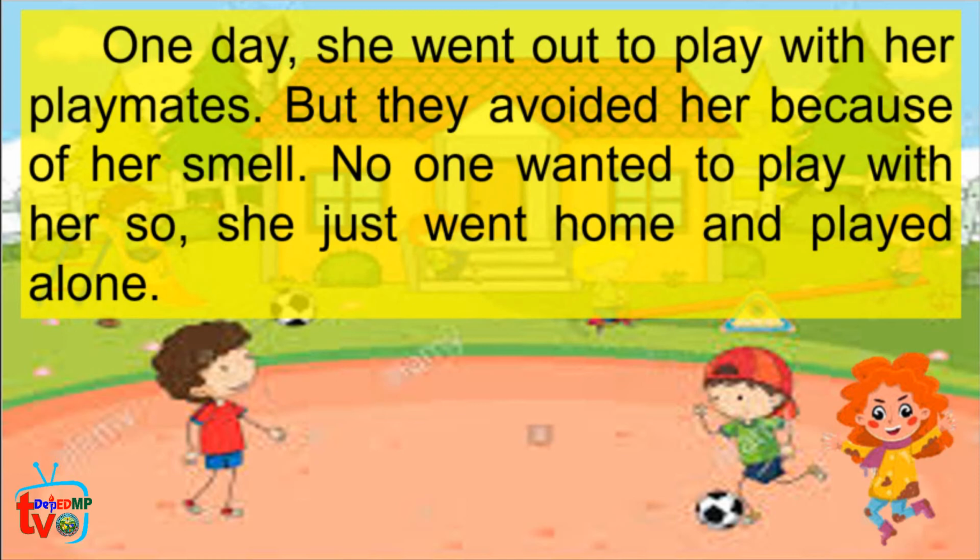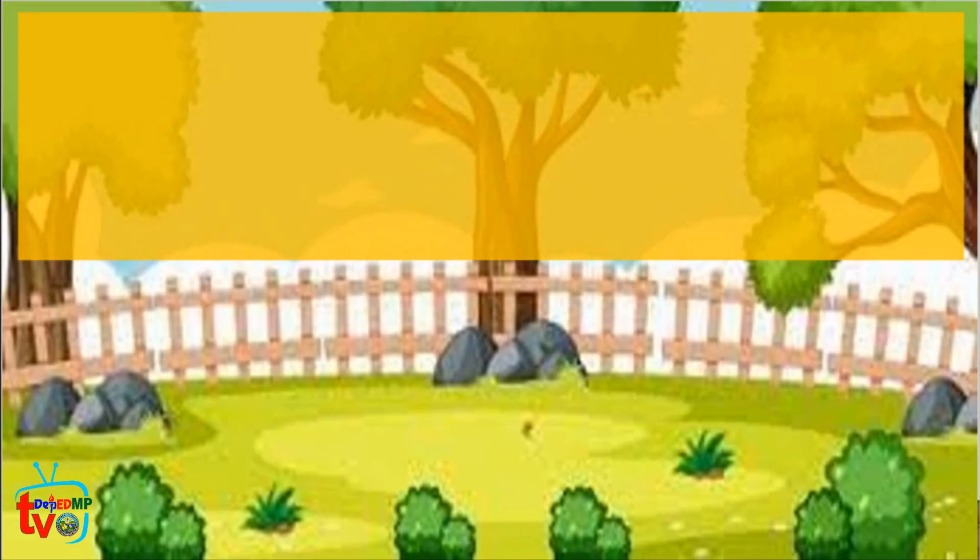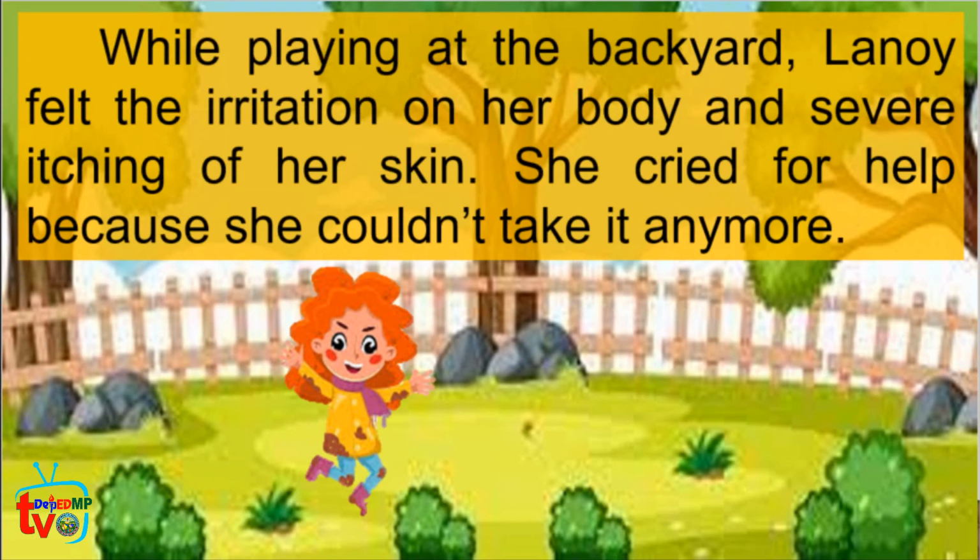No one wanted to play with her, so she just went home and played alone. While playing at the backyard, Lanoy felt the irritation on her body and severe itching of her skin. She cried for help because she couldn't take it anymore.